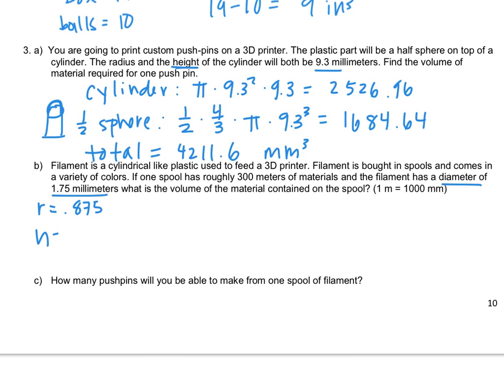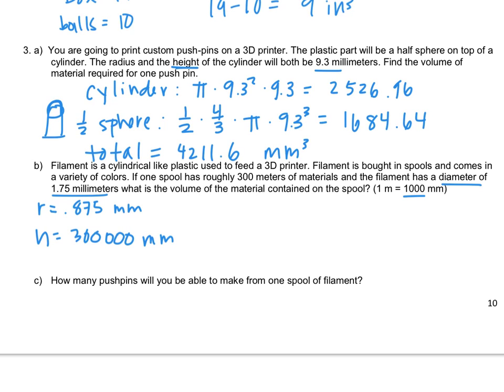The height of our cylinder, because like I said, this is like one long cylinder. The height, I want it to be in millimeters because that's what our radius is in. So 300 meters times 1,000 means we have 300,000 millimeters for our height.